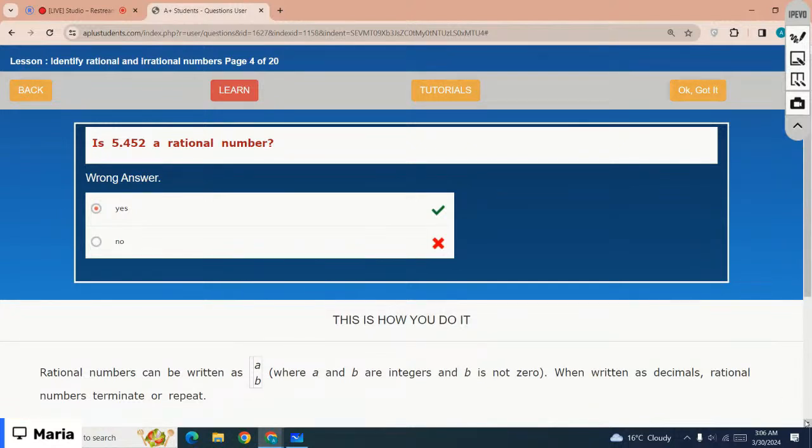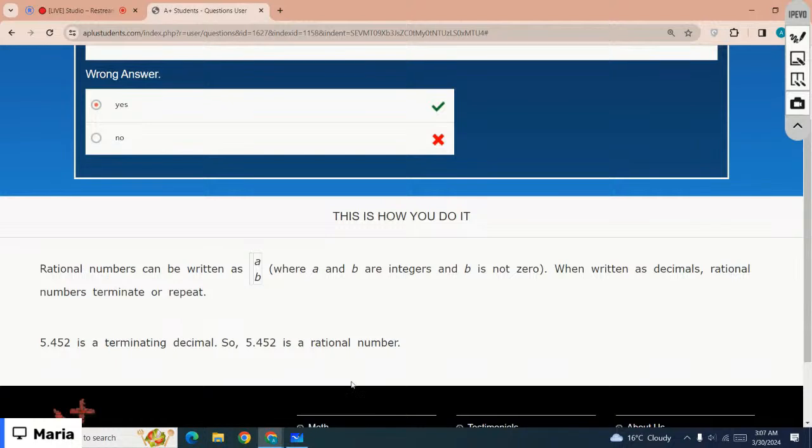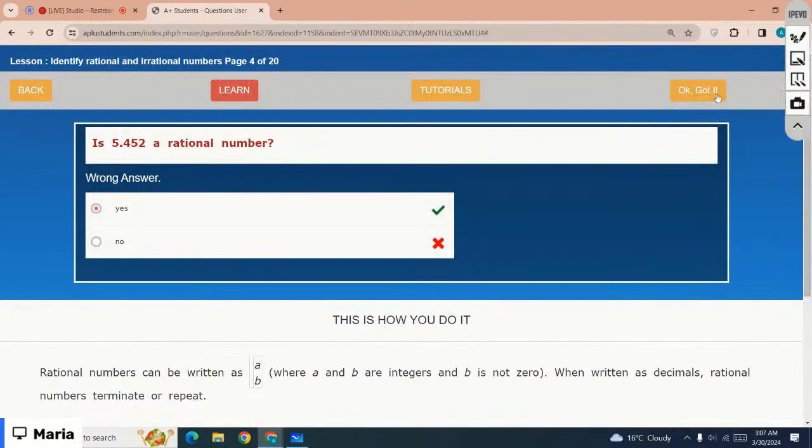That is a rational number, right? Because that is a terminating decimal, right? So rational numbers can be written as a by b. When written as decimals, rational numbers terminate or repeat, so that is a terminating decimal, so that's why that is a rational number, right? The correct option is yes, it is a rational number, right?